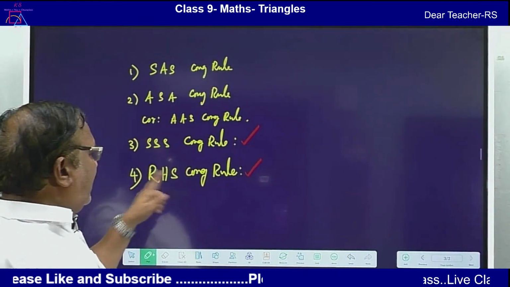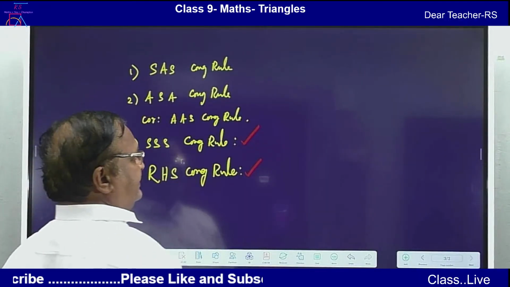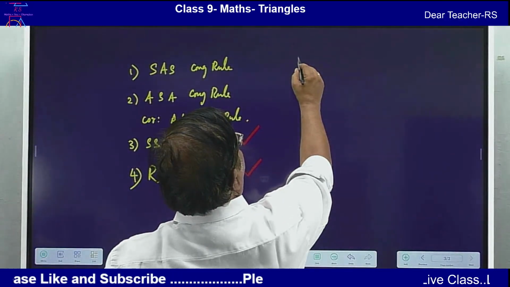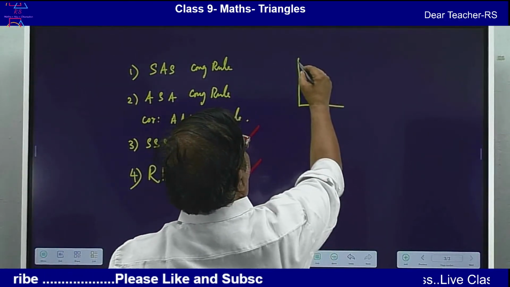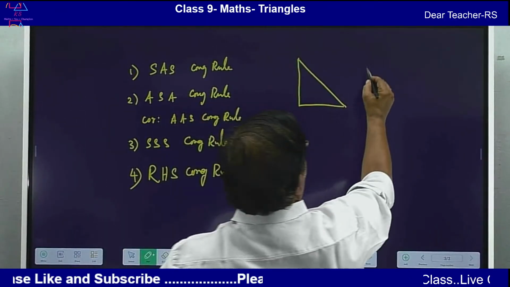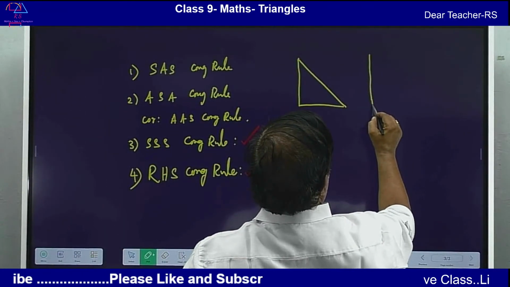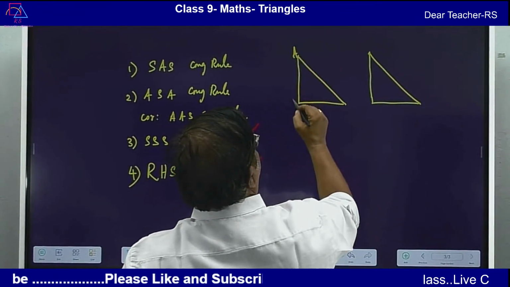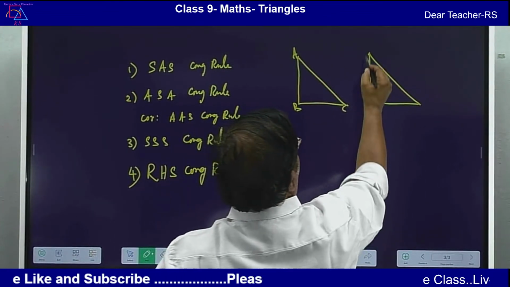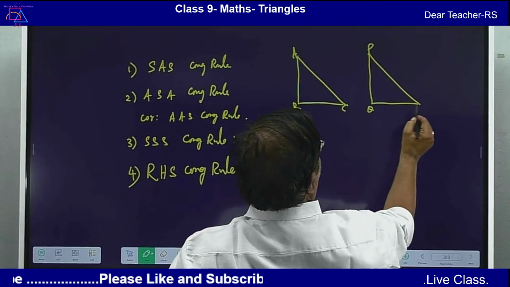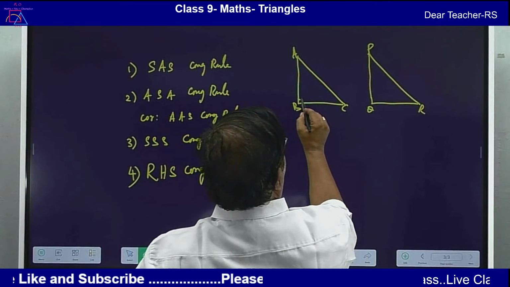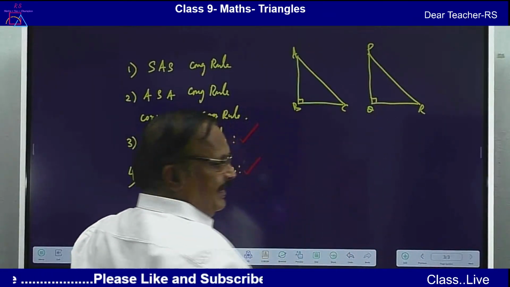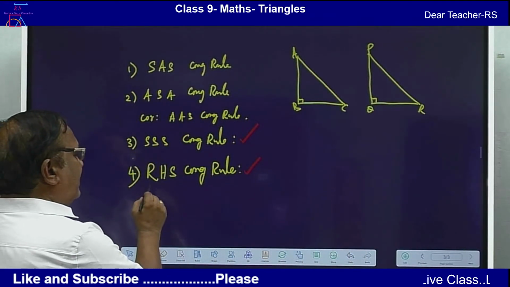Now let us see what RHS will give us. RHS means there should be two right angle triangles. ABC is a right angle triangle and PQR is a right angle triangle. In both the triangles, a right angle is there. This R means right angle.